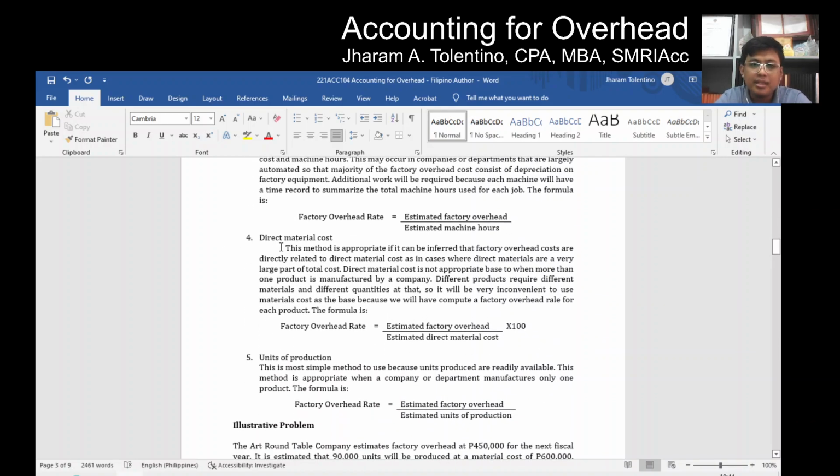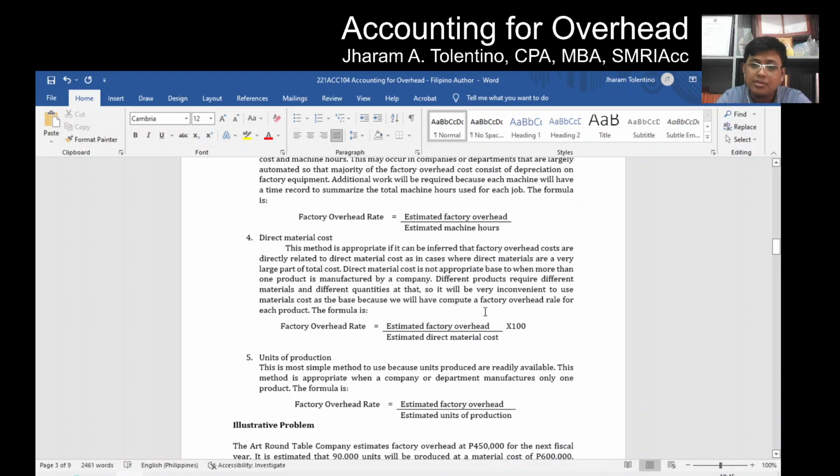Okay? And then we have the direct material cost. This is appropriate daw if it can be inferred that the factory overhead costs are directly related to direct material costs, as in cases where direct materials are a very large part of the total cost. So direct material cost is not appropriate when more than one product is manufactured by a company. Yes, dapat single lang. The different products may require different materials and different quantities.